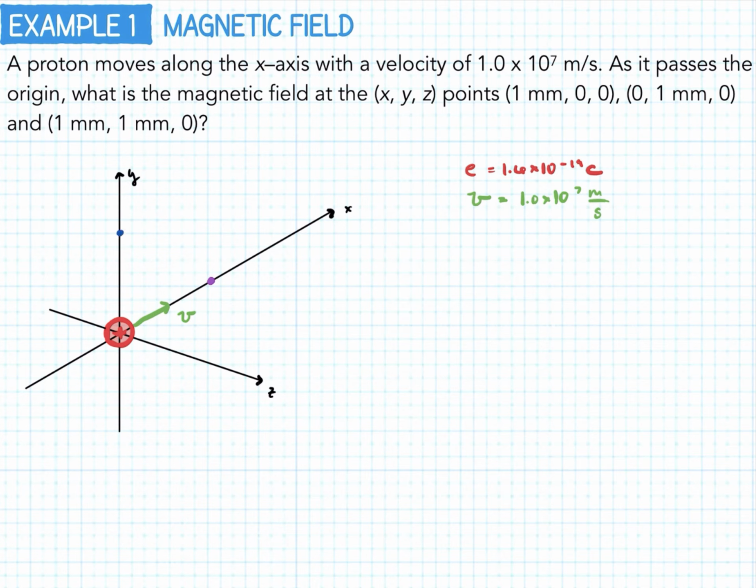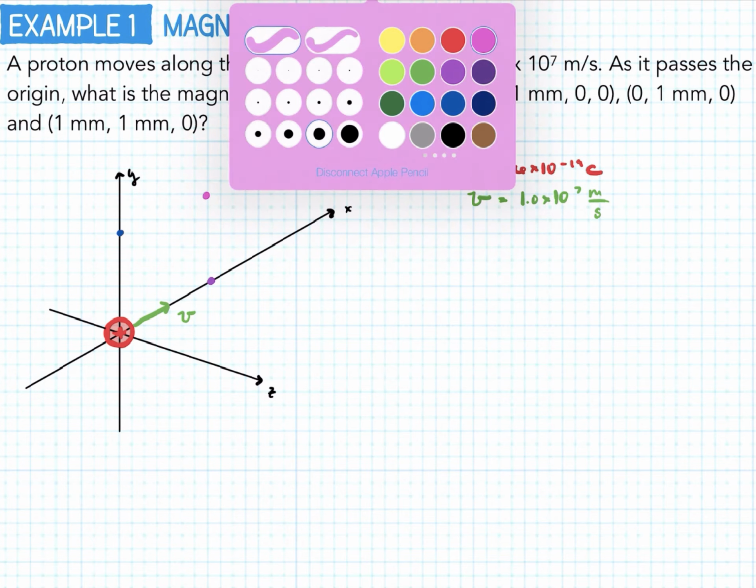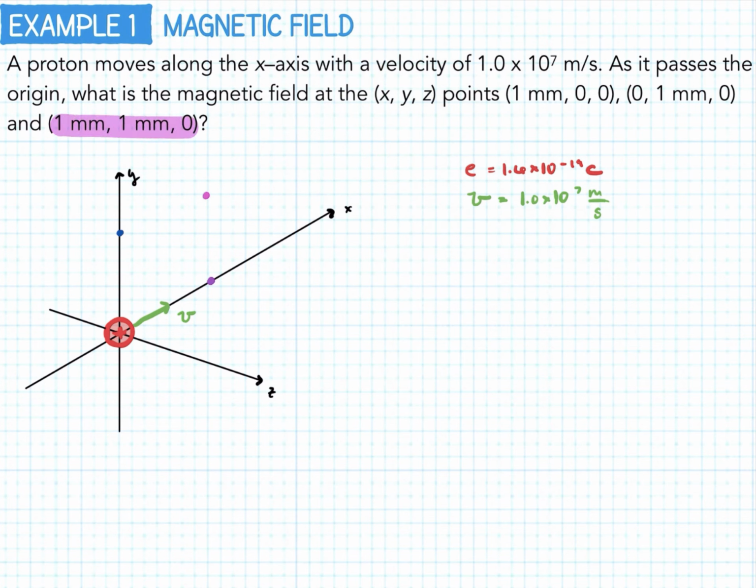And then position 3 is going to be right here. Remember, position 3 is this 1, 1, 0. Actually, we'll do it with the highlighter. So this is 1, 1, 0. Here's our position 1, and here's position 2. Okay, so we're going to calculate all 3 of these.